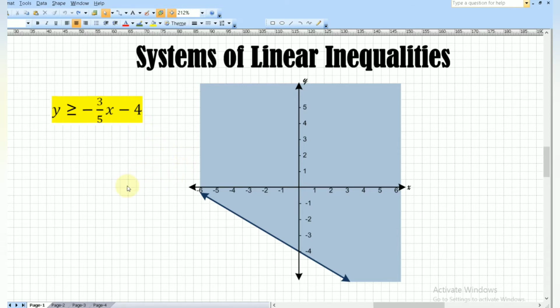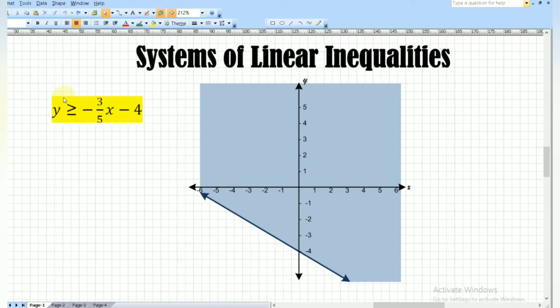Without checking one by one, is there a quick way to decide which area is the solution? Let's look at the inequality. If we have slope-intercept form, where the left member is the y and the right member is the x with the slope and y-intercept, it will be easy.